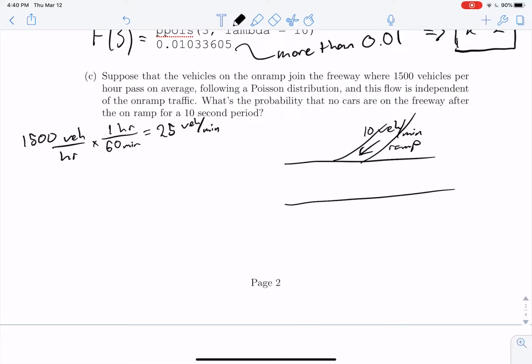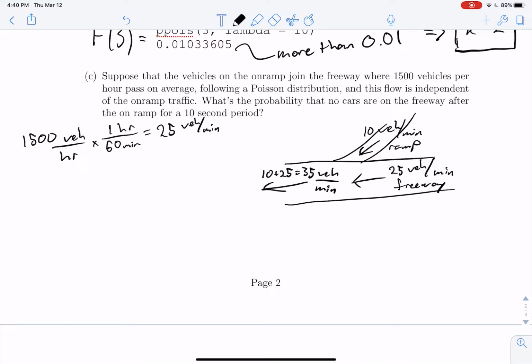So these are the vehicles that are on the ramp, and 25 vehicles per minute on the freeway. So then afterwards, 10 plus 25 equals 35 vehicles per minute going down the freeway after the on-ramp.